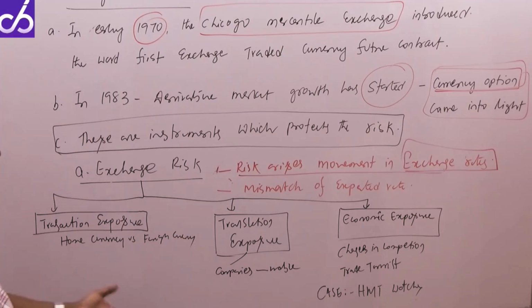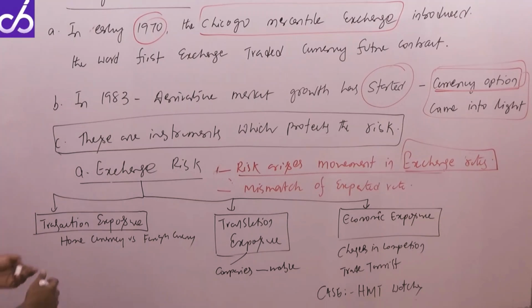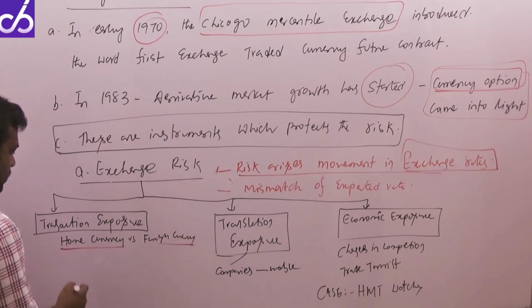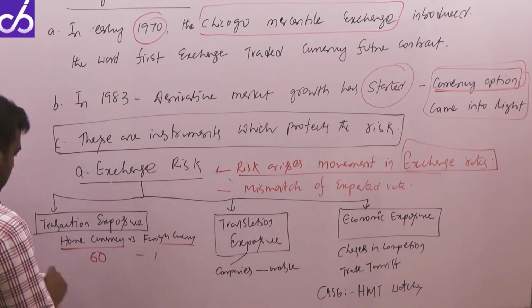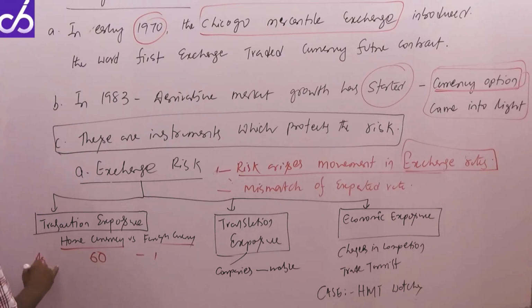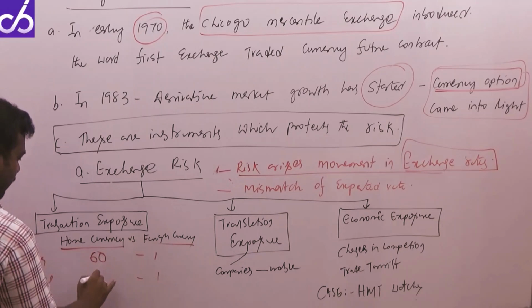This happens because of three reasons. One is translation exposure. Translation exposure also leads to exchange risk. Just now I said home currency versus foreign currency. Today you expected 60 rupees equal to $1 on the day of the agreement, and on the day of settlement $1 equals 50 rupees.